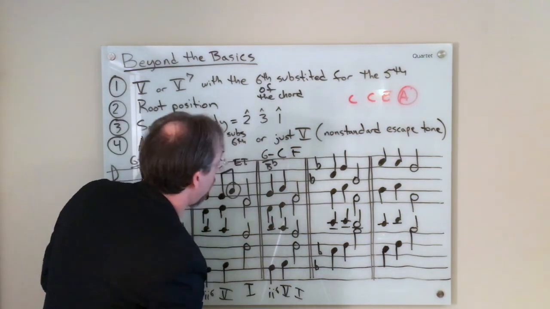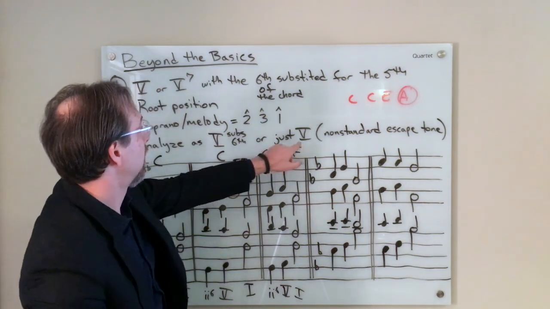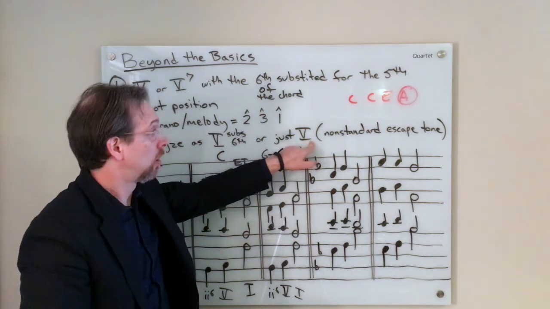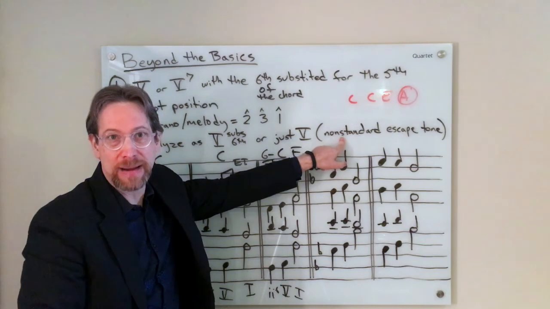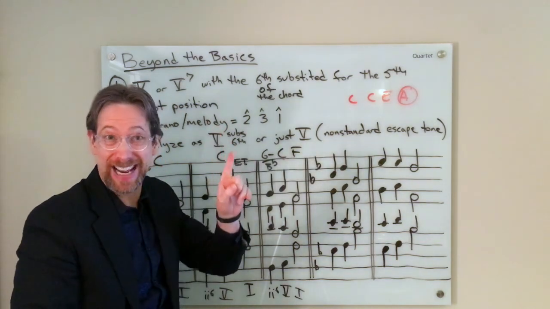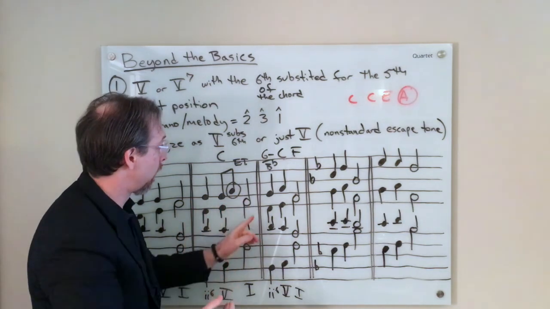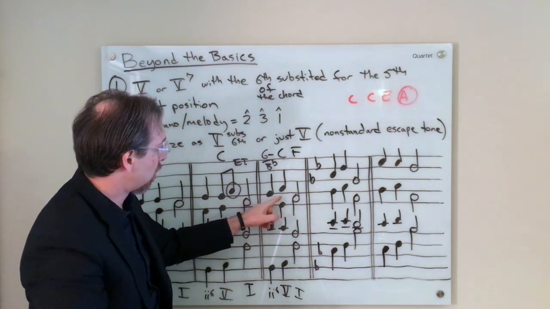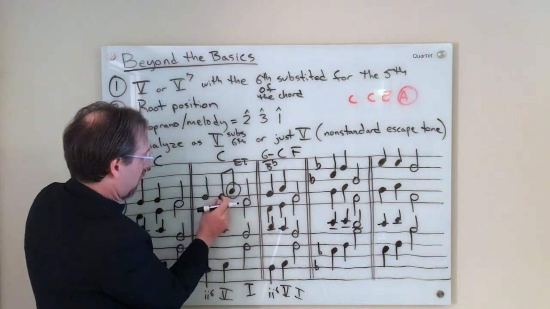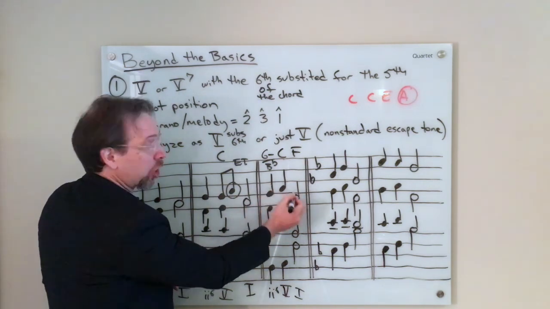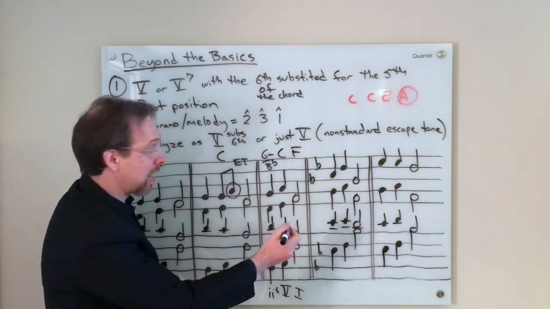There's one of two ways. One is to simply say that it is just a 5 chord with a non-standard escape tone. That's why this second example here was important. Here we have that same shape of step up, leap down.